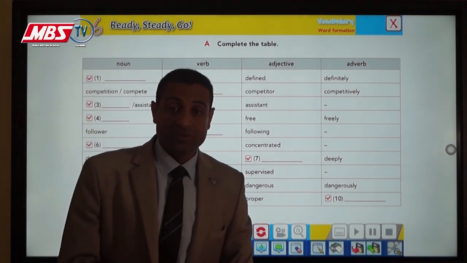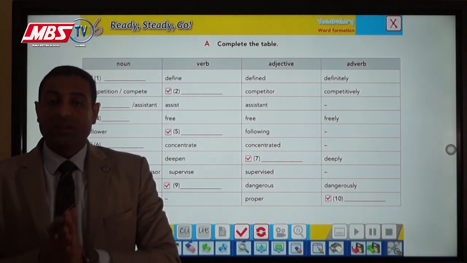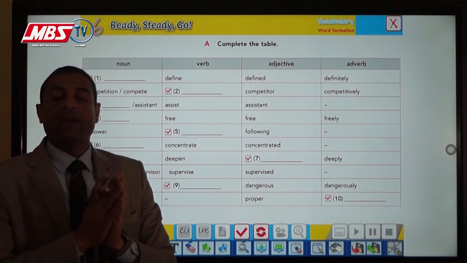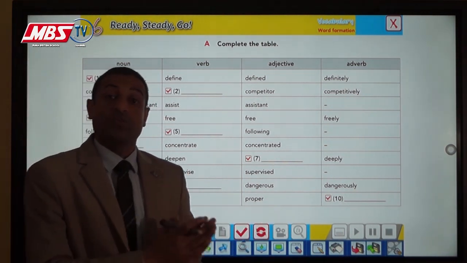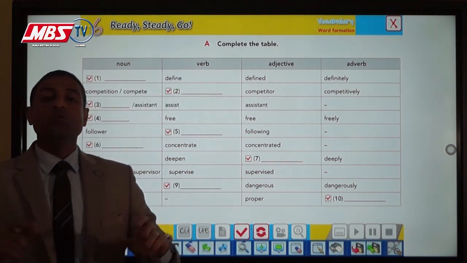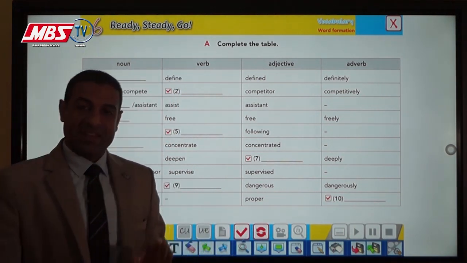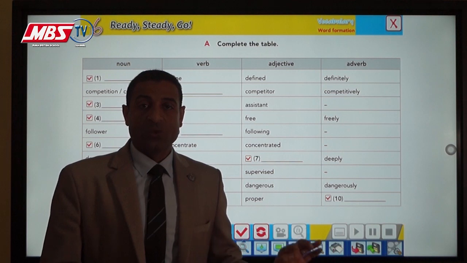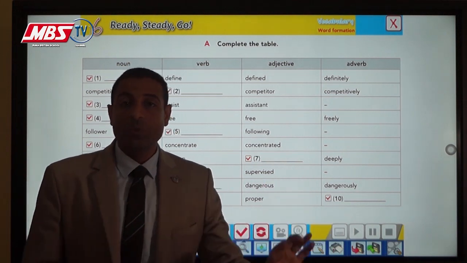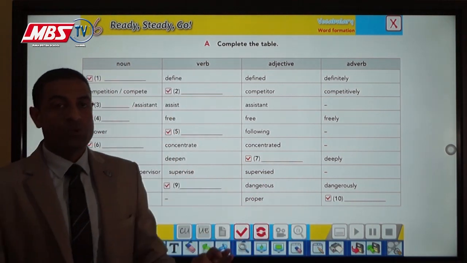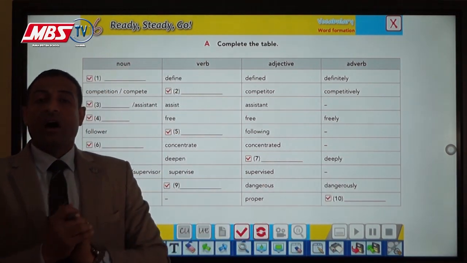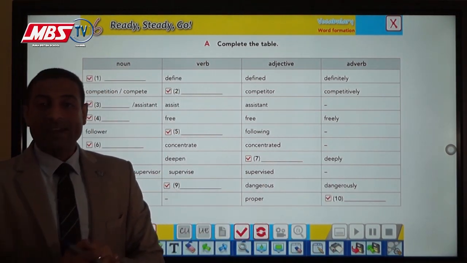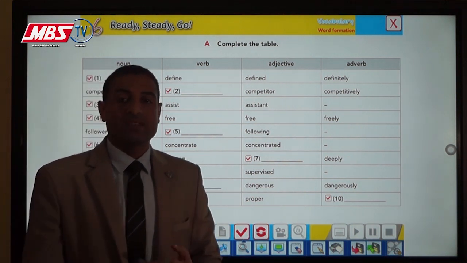When I tell you Ronaldo is a good football player, and I want to use well, I can tell you Ronaldo plays football well. I like to practice indoor activities.